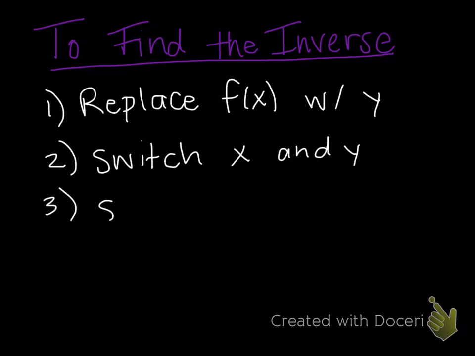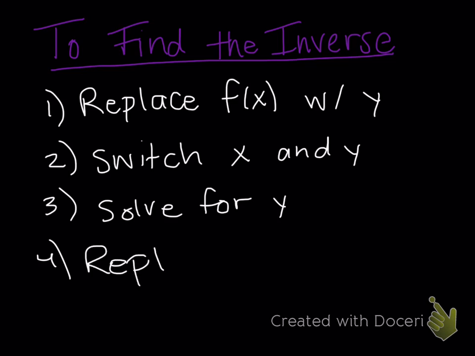Step 3 is to solve for y. Step 4 is to replace y with the inverse of f. So we're going to go ahead and do a couple examples where we're finding the inverse if a function is given.